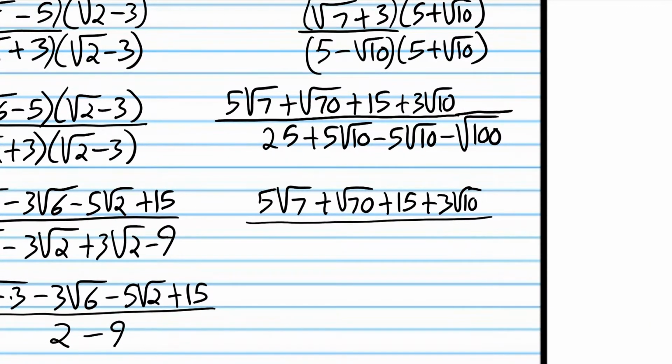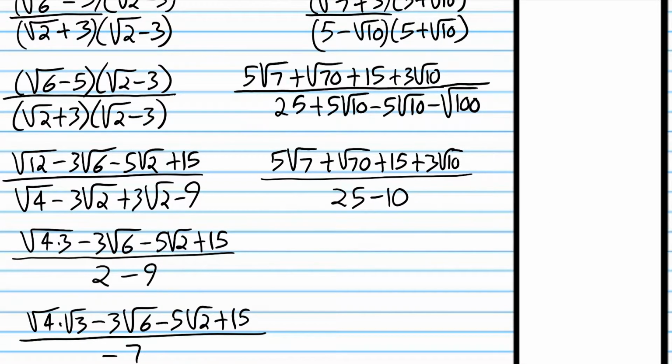All right, so in the bottom, these terms cancel out, and we're left with 25 minus root 100. And root 100 is, what number times itself is equal to 100? Well, that would just be 10.